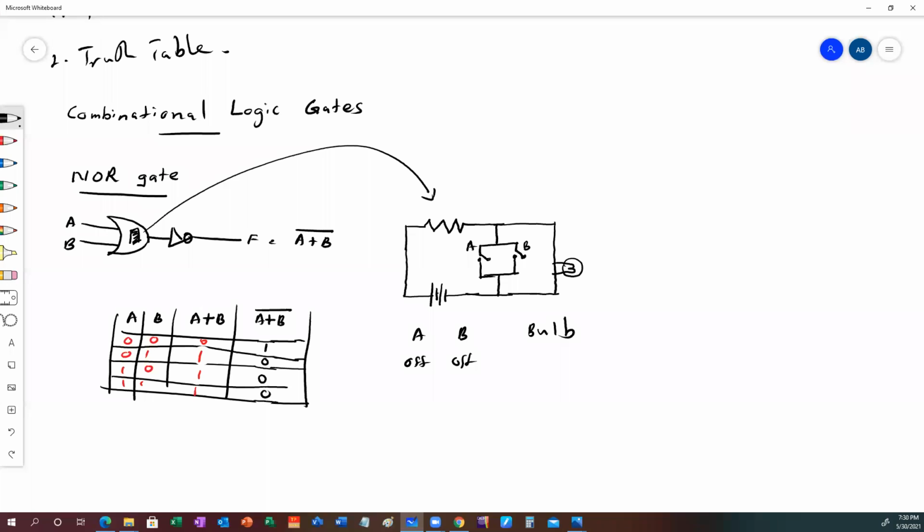Then the bulb will be on. A is off, B is on, the bulb will be off. Circuit short circuit. Then this one is on, this one is off, again off. This one is on, this one is on, again off. This is what happens in the case of the switching circuit, right?